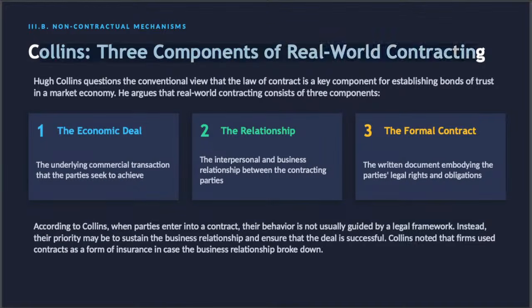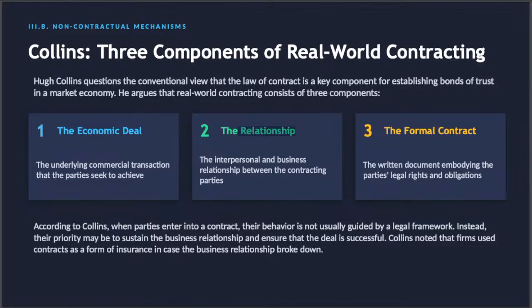And Collins had the three components of real world contracting. Hugh Collins questions a conventional view that law of contract is a key component for establishing bonds of trust in a market economy. He argues that real world contracting consists of three components. One, the economic deal, the underlying commercial transaction that the parties seek to achieve.